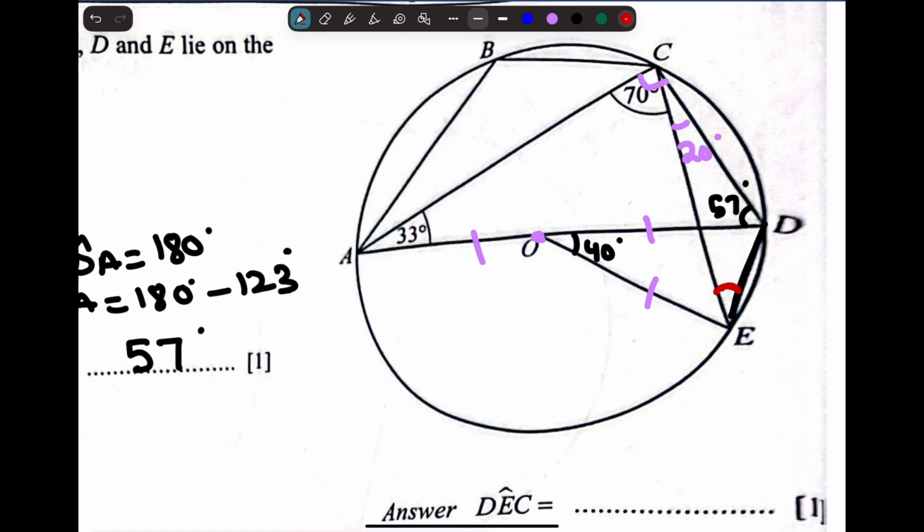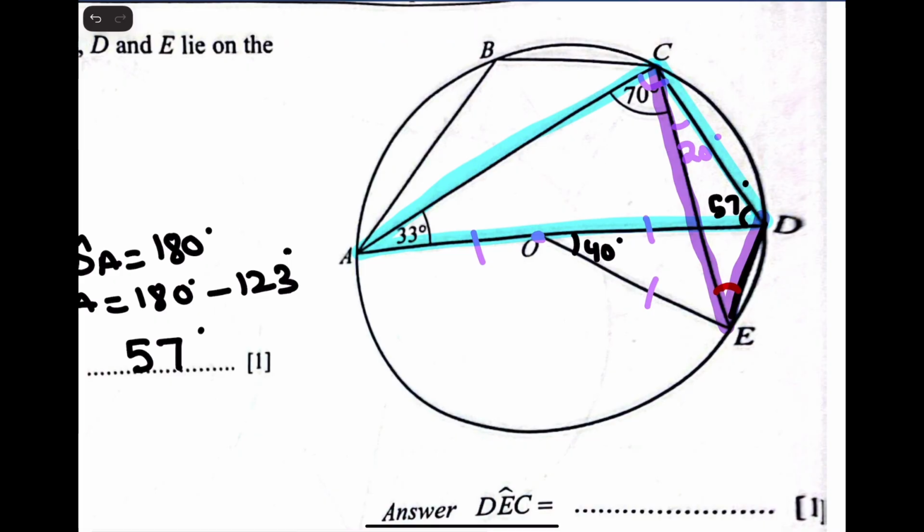Okay, so let's focus on the chord CD. Angles made in the same segment are equal. So since this is 33, angle CED is also going to be 33.